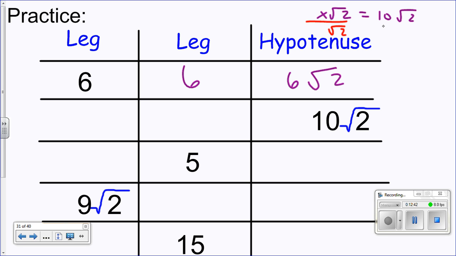Because I want to know what the legs are, right? So when I divide by root 2, it cancels on both sides. So x would simply be 10. X being the legs, so the legs are 10.